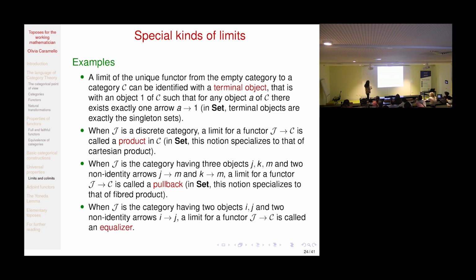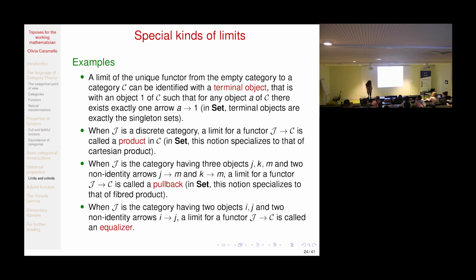In this case, limits are called products and colimits are called coproducts. Again, what happens in sets is that this notion specializes to that of Cartesian products, and in the case of coproducts, arbitrary disjoint unions.